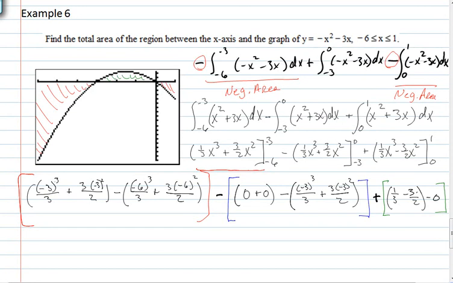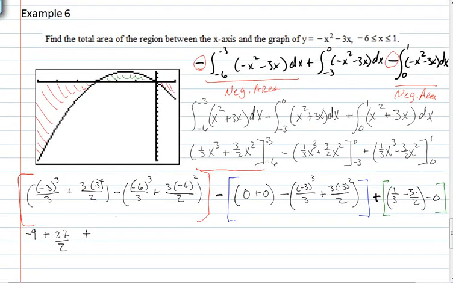So this is negative 9, because negative 3 cubed is negative 27, divided by 3 is negative 9, plus 27/2, plus, because when I cube a negative, I'm going to get a negative. This is 6 cubed. What is 6 cubed?